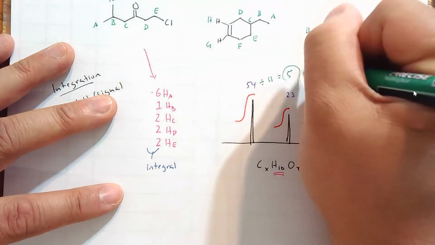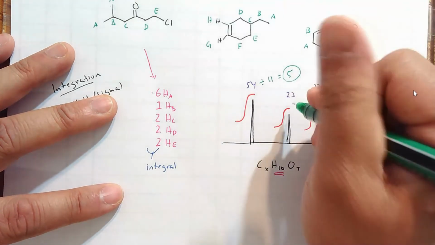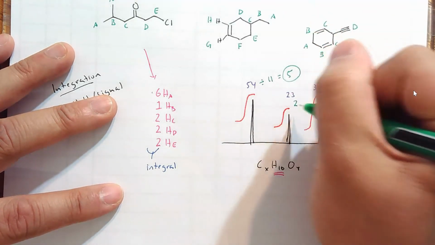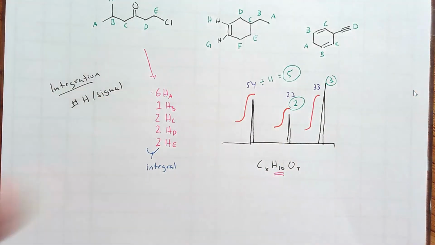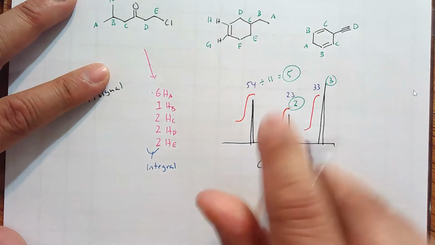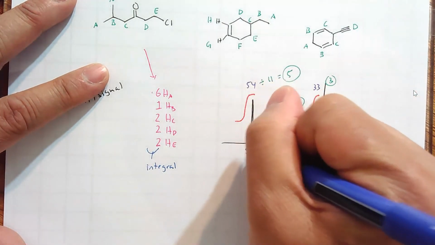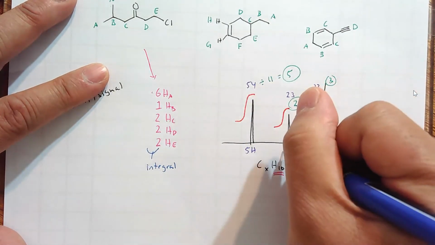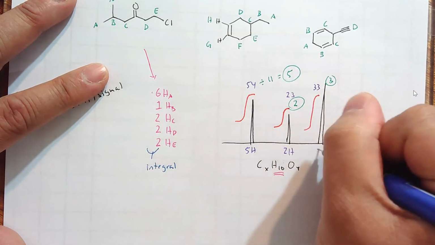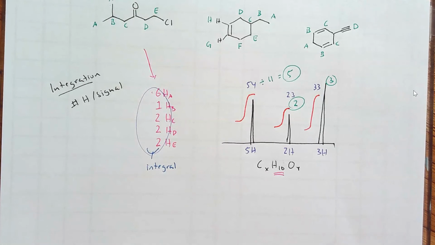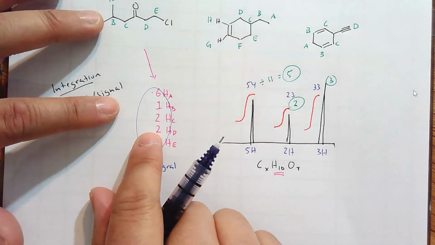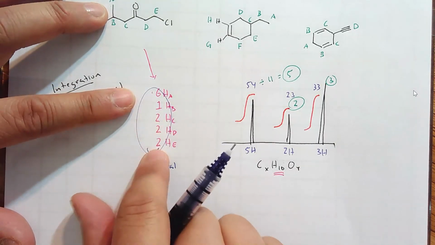I get 5. If I divide this by 11, let's say it's 22, I get 2. And if I divide this by 11, I get 3. This is literally telling me that this signal represents 5 hydrogens. This signal represents 2 hydrogens, and this 3. That's where I'm getting those numbers. So there's a ratio of 6 to 1 to 2 to 2 to 2.